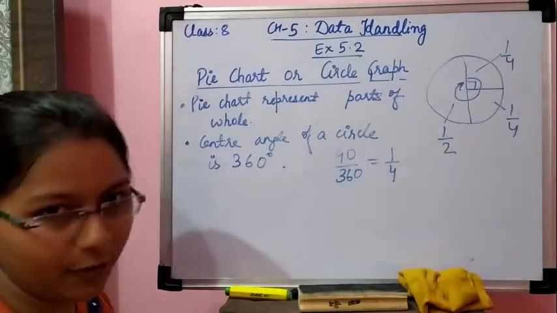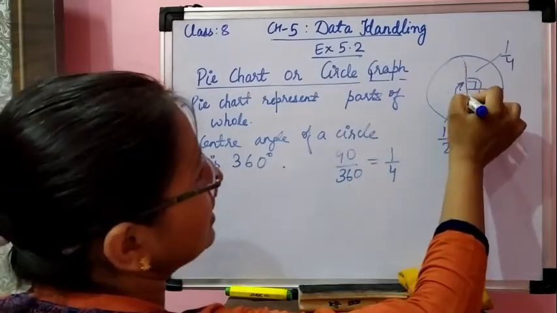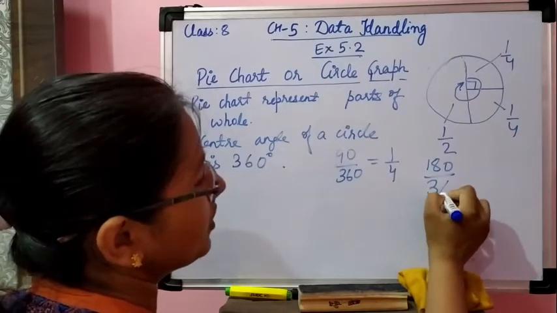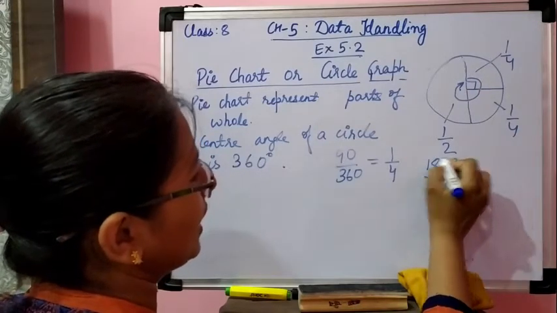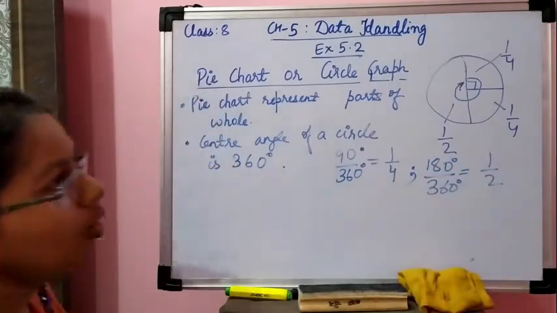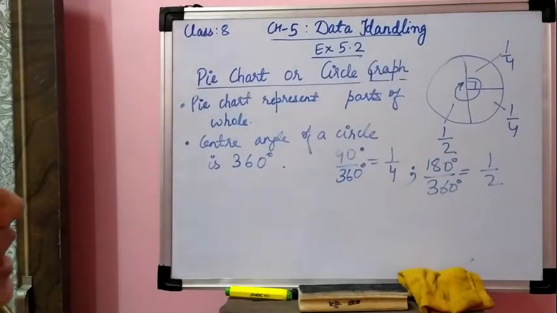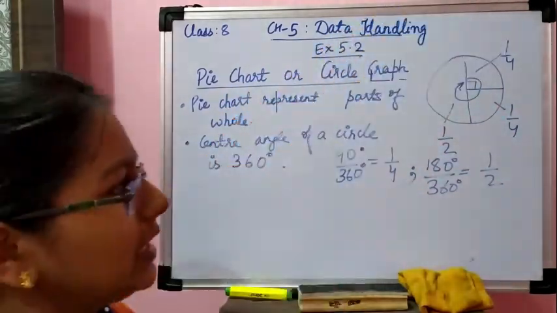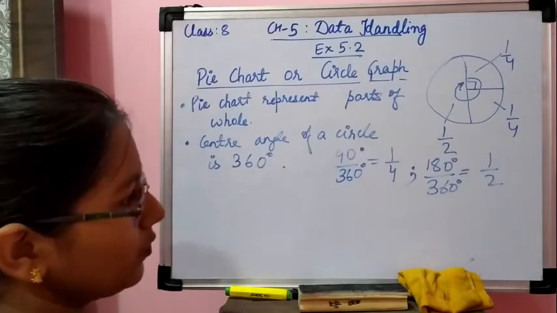That's why this is a 1/4 part. Similarly, this is 180 degrees, so 180 out of 360 degrees, again it is 1/2.